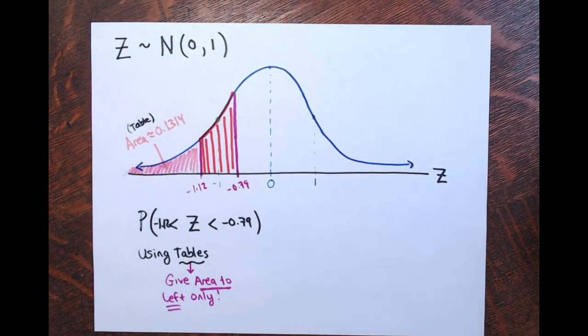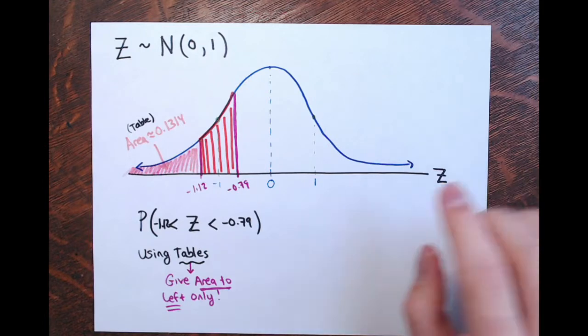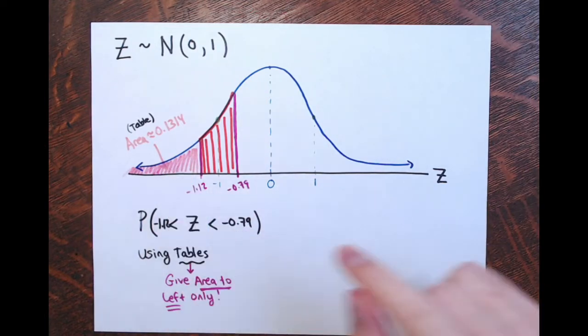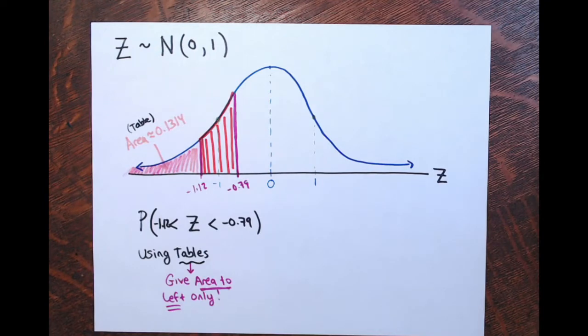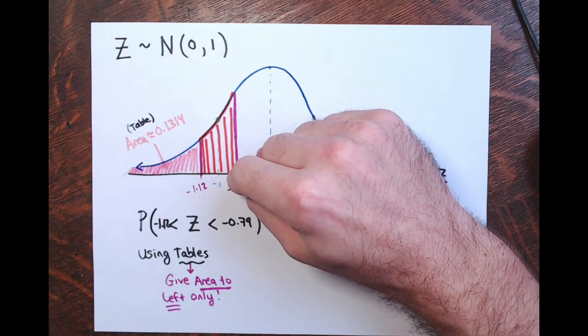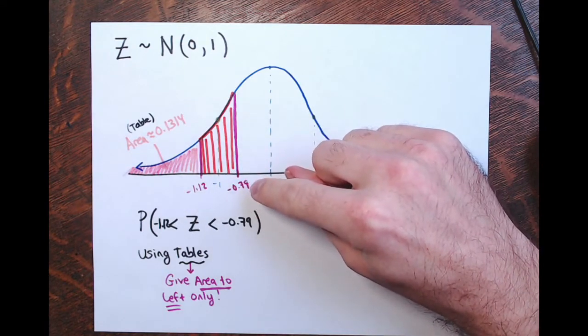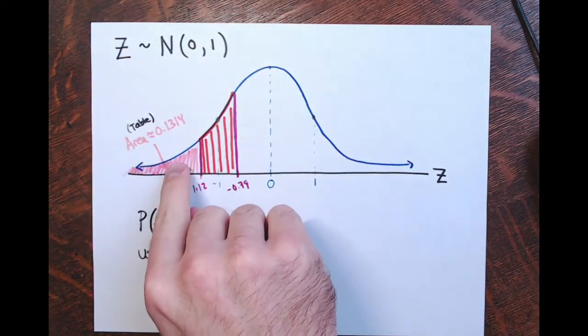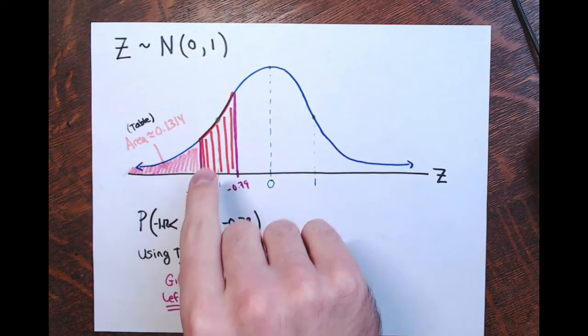Now, that will help us. As I look up the value, the area to the left of -1.12 is 13%-ish, 13.14%. Now all I need to do is look up this other score, -0.79, get the area to the left of that, and then subtract this area, and then we'll have the area in between these two.